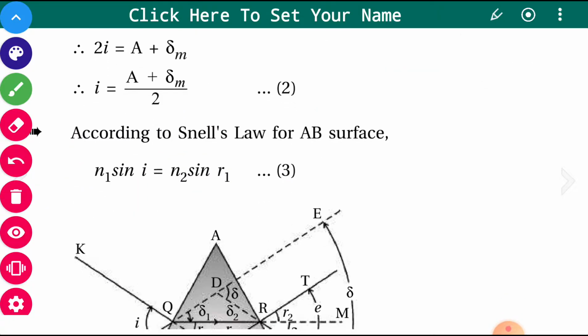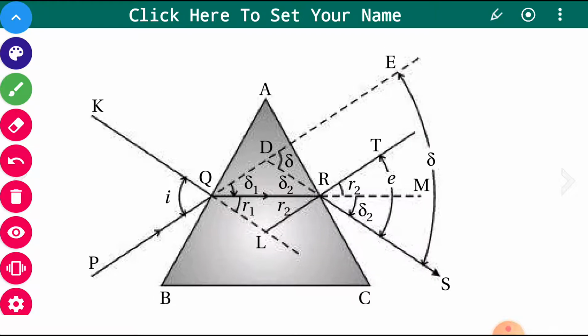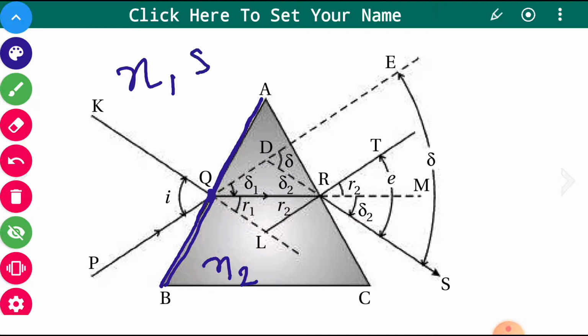Now we have this figure, that is for the refraction by the prism. Last time we discussed this. Now for this AB surface, at that surface we apply Snell's law. Here the refractive index of this medium is N1, the refractive index of the medium of the prism is N2, and at this point Q we are applying Snell's law, and it becomes N1 sin I is equal to N2 sin R1, where the angle of refraction is R1.